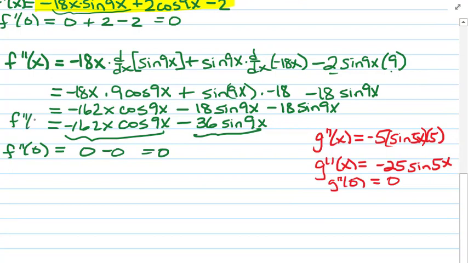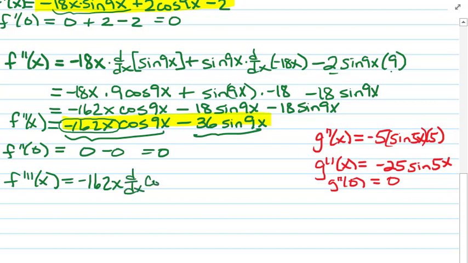Remember, our second derivative of f turned out to be this guy here, negative 162x cosine 9x minus 36 sine 9x. When we find the third derivative, we're going to have a product rule again. We have negative 162x as our first part of that product, times the derivative of the second part, cosine 9x, plus the second part, cosine 9x, times the derivative of the first.